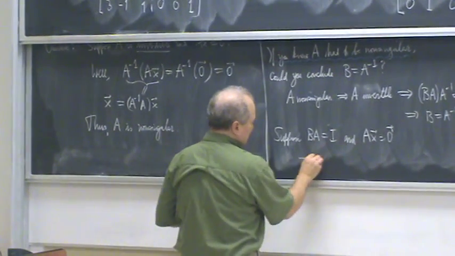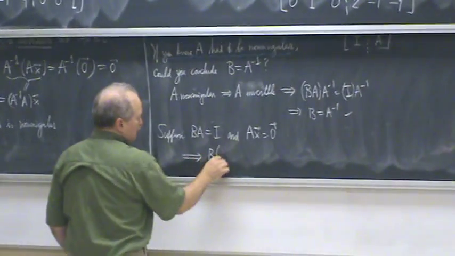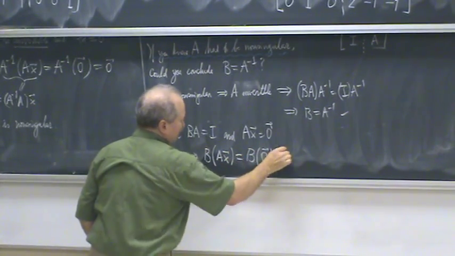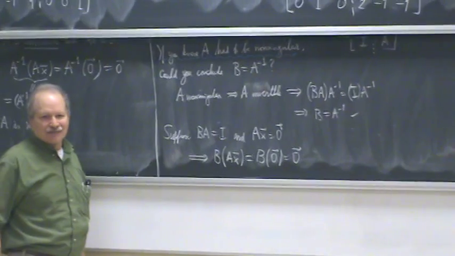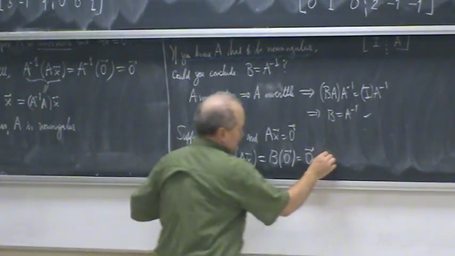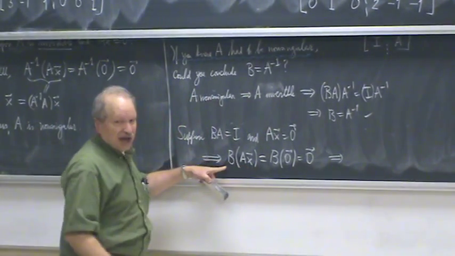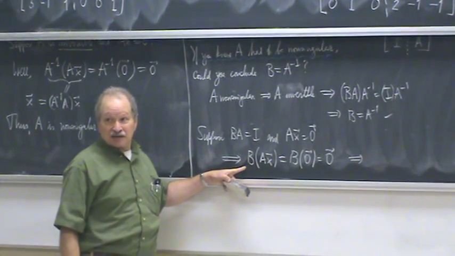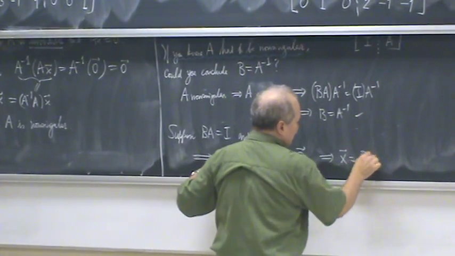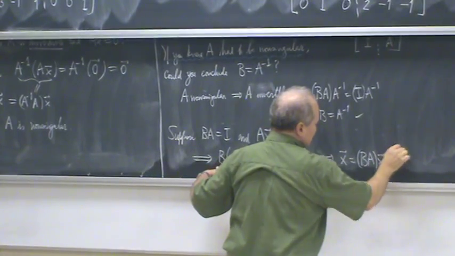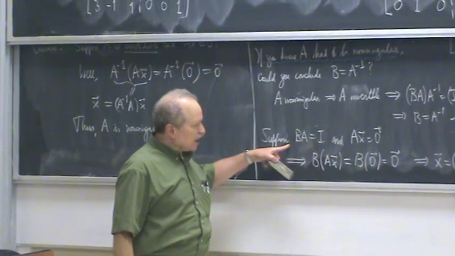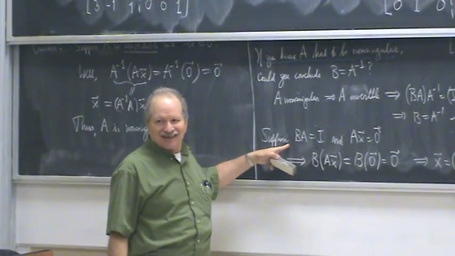Couldn't you multiply this by B? Right? And then regroup, and you get this is the same as BA times x, which is the identity times x, and so you proved x has to be 0. So if you have this equation, A has to be non-singular.